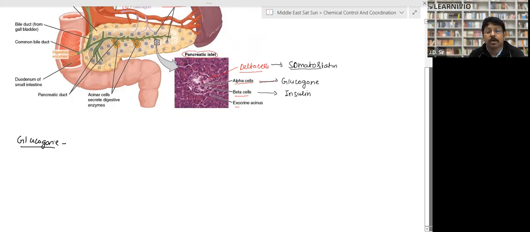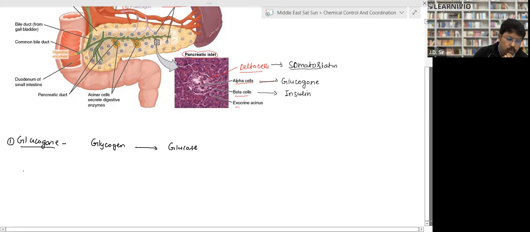At that time, glucagon has the opposite work of insulin. It converts glycogen into glucose. So both are antagonistic to each other. Both have opposite functions. Please note it down. Glucagon converts storage glycogen into glucose.